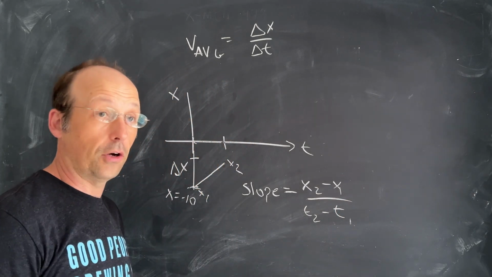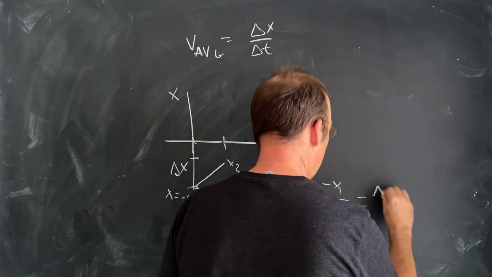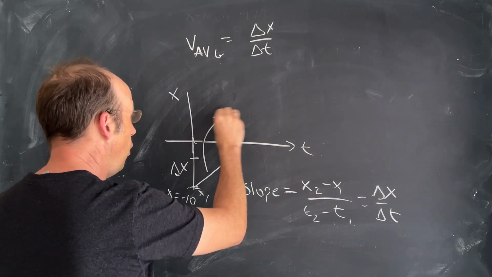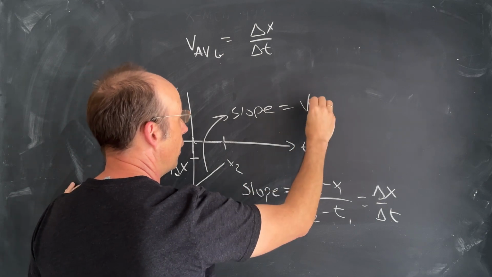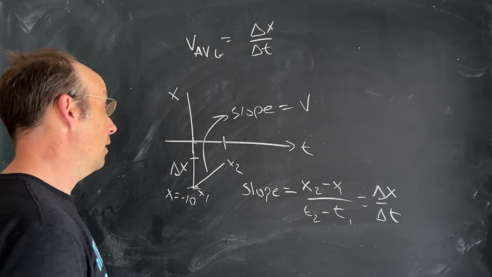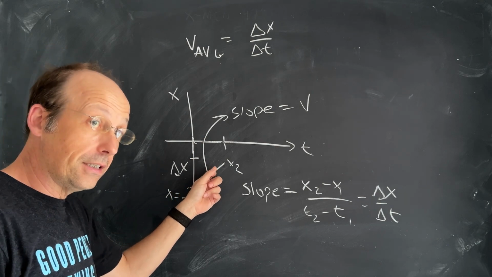That's how we define slope, but oh my goodness, look at that. That is equal to delta x over delta t. So the slope of this is the velocity.